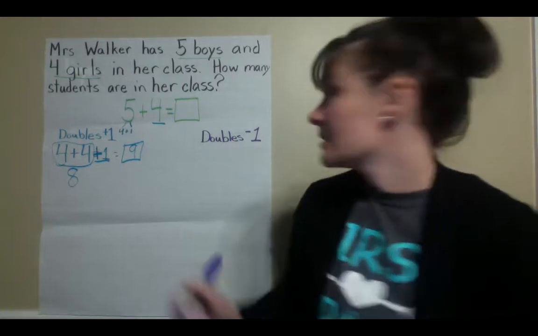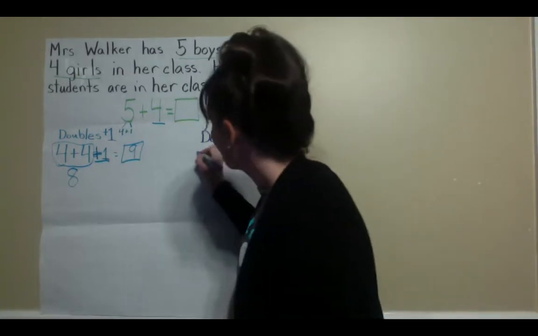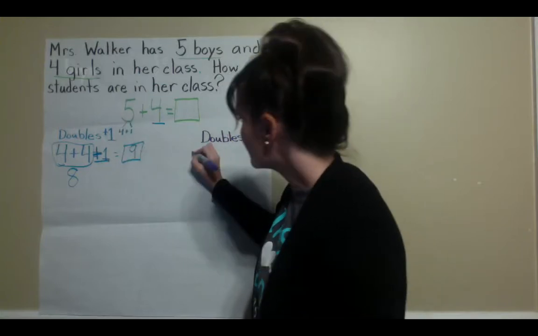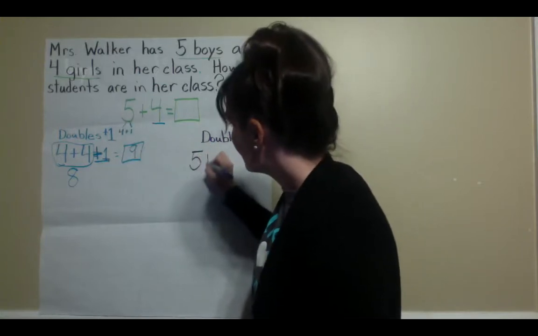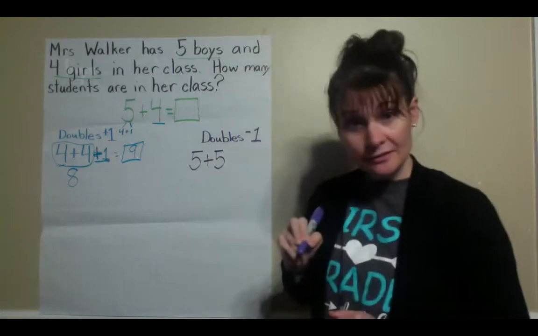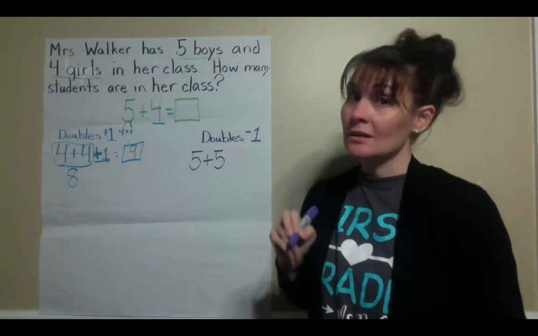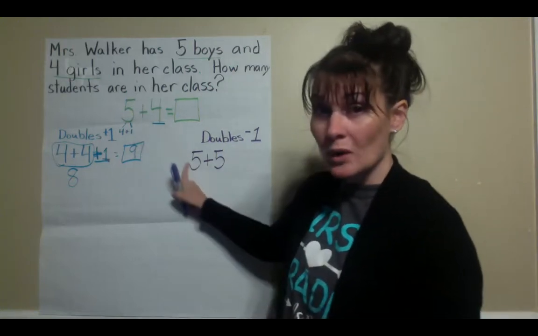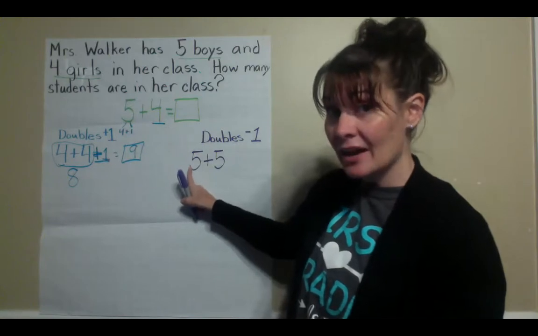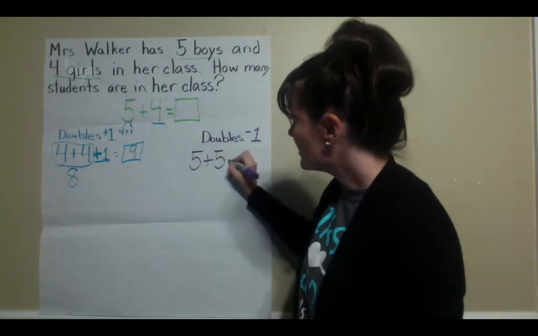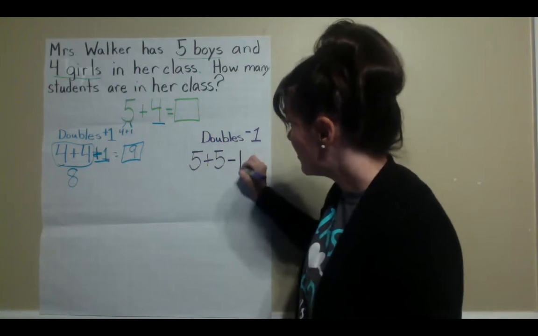Great thinking. So I know that there's a 5 in this problem. So I could double my 5. Am I done? No, because I know that 4 is 1 less than 5. So I would have my double, but I would need to minus 1.